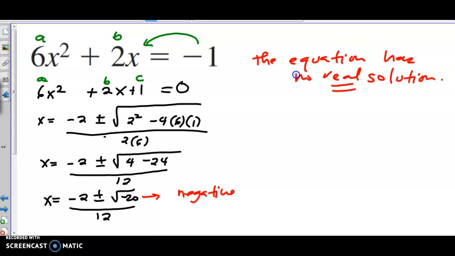I say it has no real solution because when you go to Algebra 2, you will be studying some techniques on how to simplify radicals that have negative signs. So in that case, you will be looking for the solutions of this equation, but they are not real numbers, so they will be complex numbers. So for now, in Algebra 1, we're going to say the equation has no real solution.